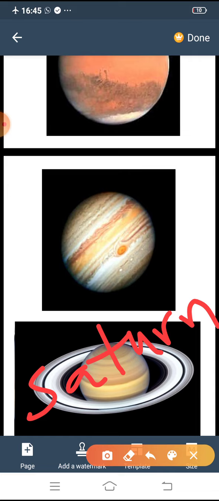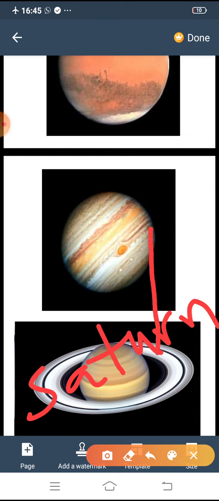It is noted for its ring system, which can be seen with a small telescope. Saturn takes 10,759.6 days to revolve around the Sun and it rotates about its own axis in 10 hours and 40 minutes. Titan is the largest of the 18 known moons of Saturn.